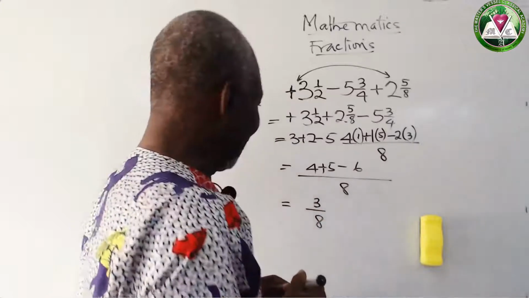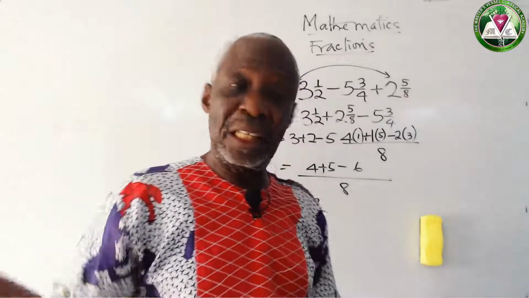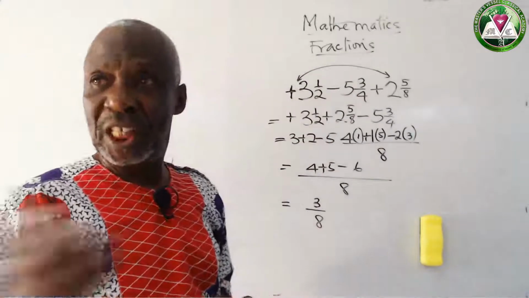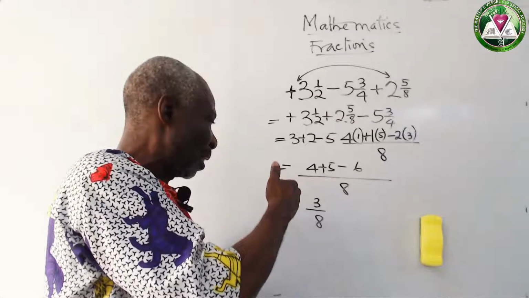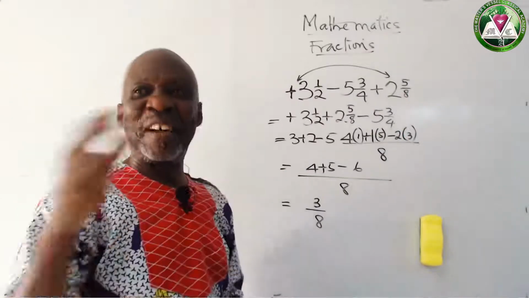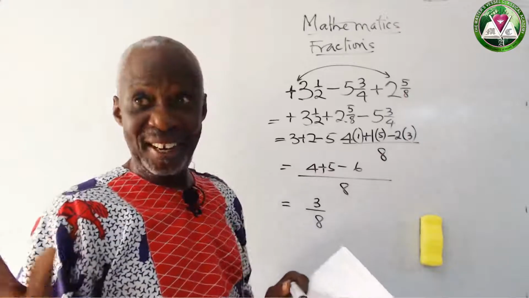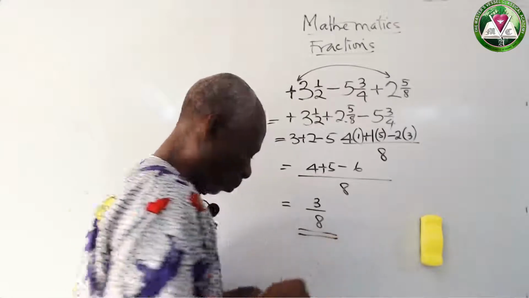Let us see whether there's anything that can divide and reduce. Is there anything that can divide both 3 and 8 without a remainder? 1 can divide both of them, but not 1. Any number, but not 1. No number? Good. So that is the final answer for that.